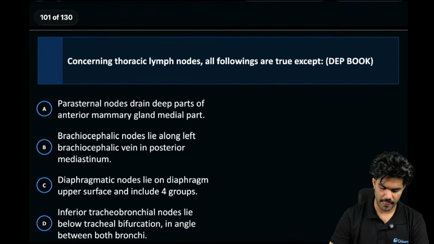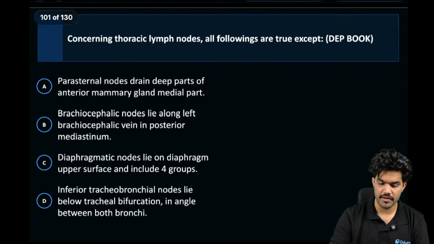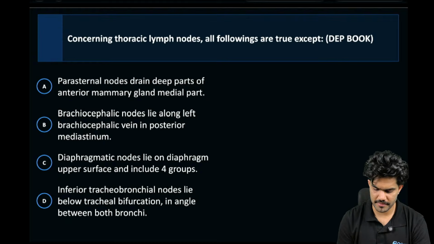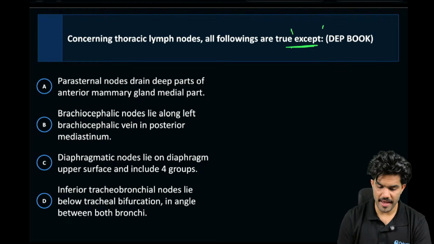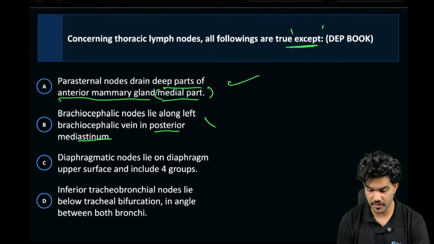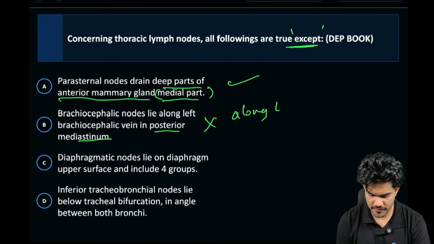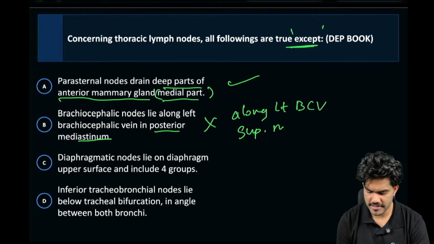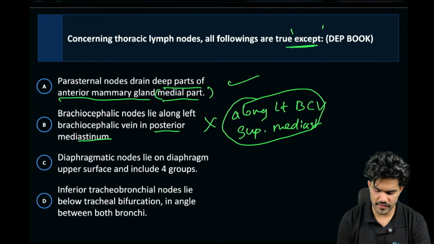Next question. Concerning thoracic lymph nodes, all of the following are true except, let's see. Parasternal lymph nodes drain deep part of the anterior mammary medial part. Yes, it's true. Brachiocephalic nodes lie along the left brachiocephalic vein in posterior mediastinum. No, it is lying along left brachiocephalic vein, that is true, but in superior mediastinum. Okay, here focus.